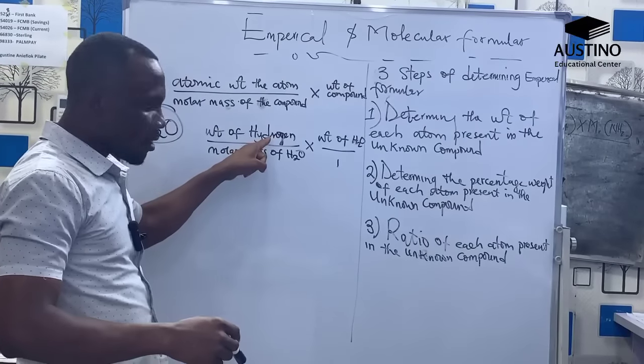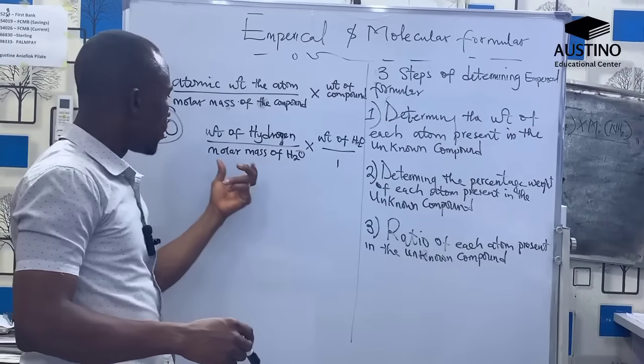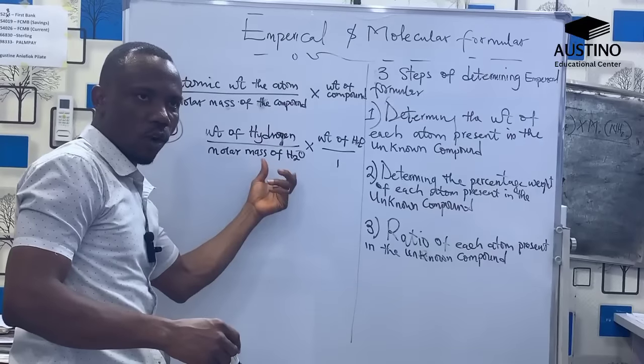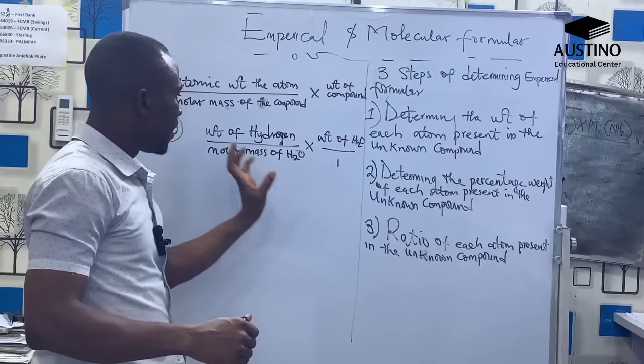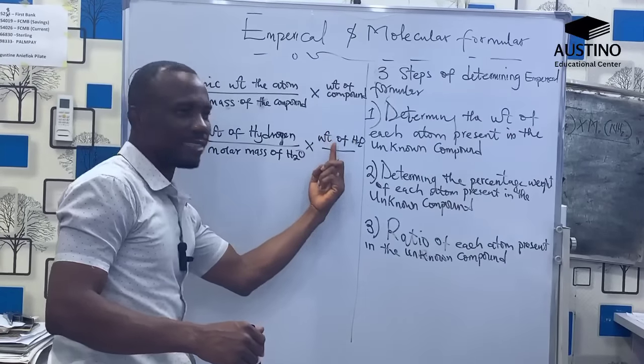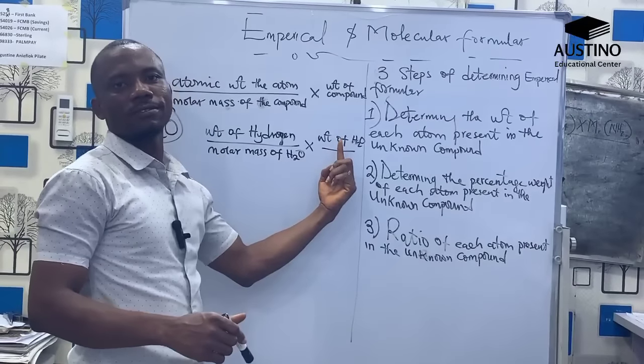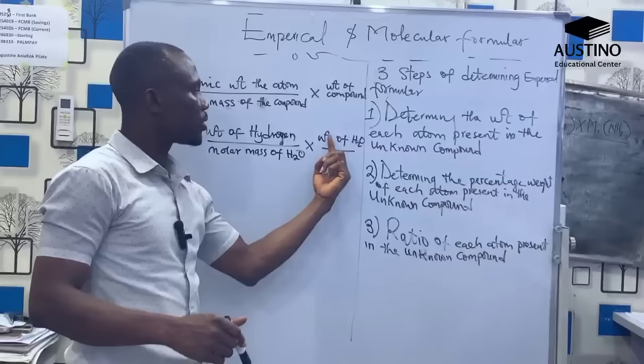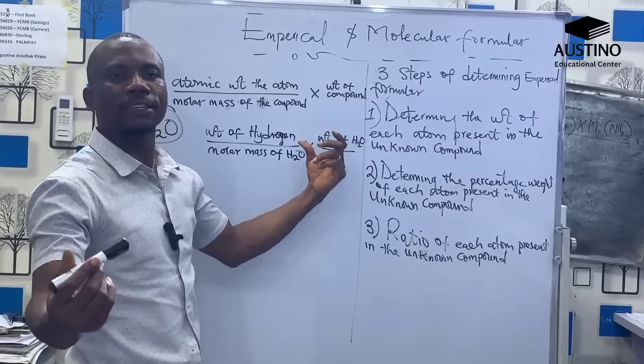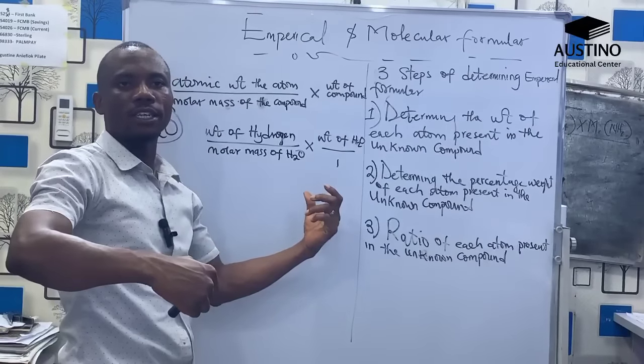Weight of hydrogen all over molar mass of water times weight of water. Now, this is expected to be given in the question. Weight of water is expected to be given in the question.